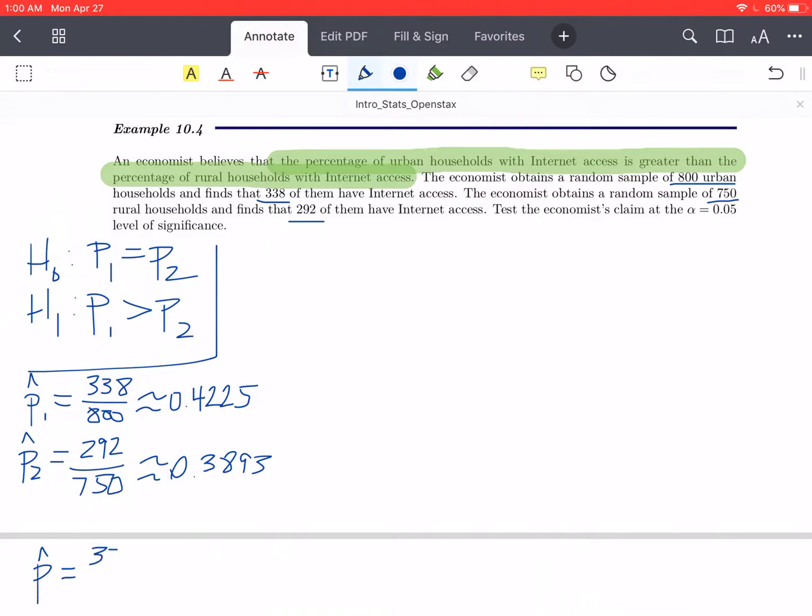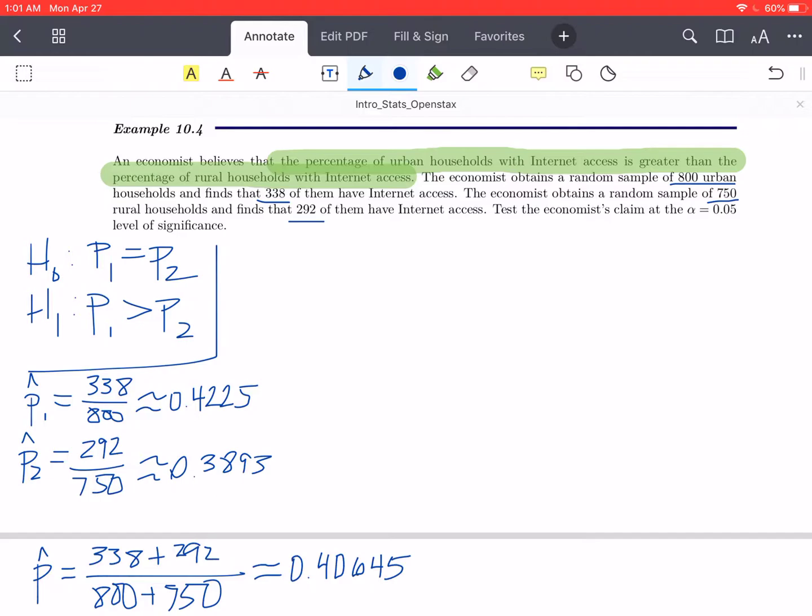So that's 338 in the urban plus 292 in the rural over 800 urban plus 750 rural. Run that computation. That's approximately 0.40645. That's what we get for our pooled estimate of p.